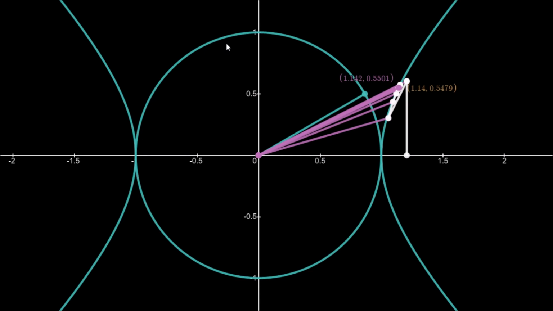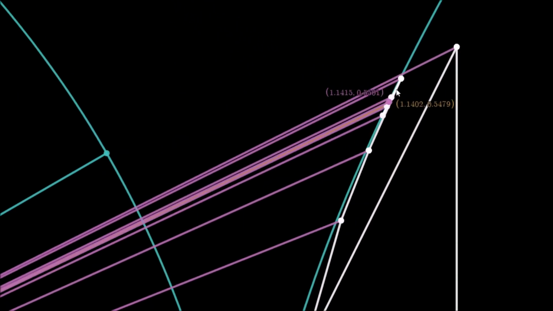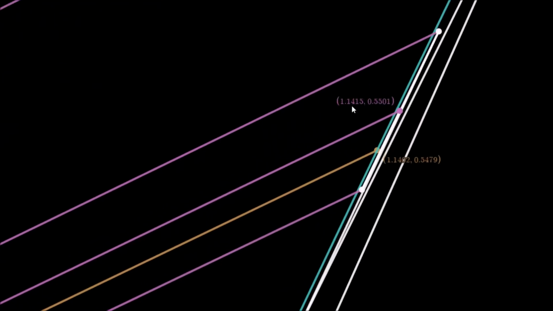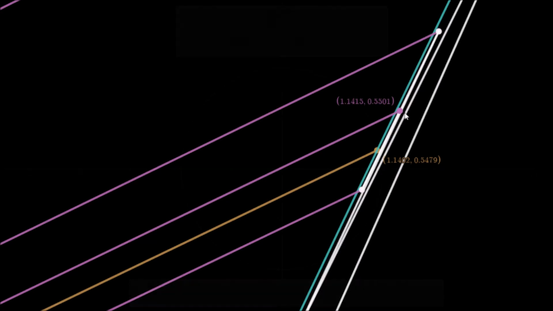Now we're not going to work through this simulation again. This is the same simulation we used in order to generate the sin and the cos for 30 degrees. So the simulation gave us the approximate result, which is 1.1415 and 0.5501. So we're going to use those in step 2, which we'll do next.